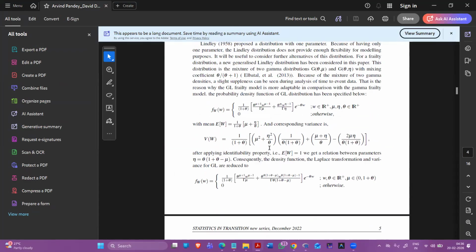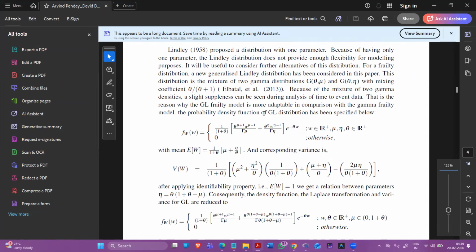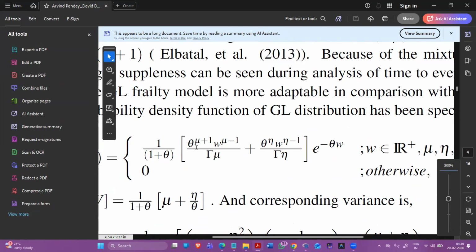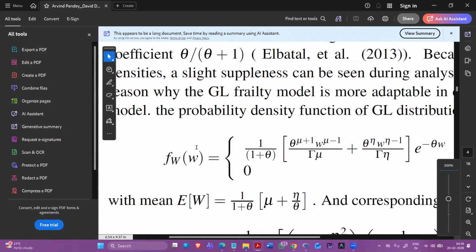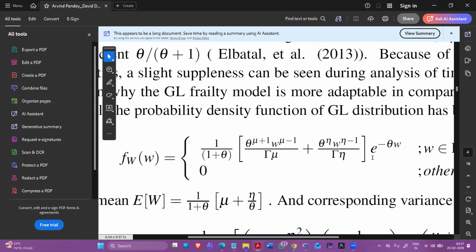Right, so this is the density function basically that we are considering here: 1 upon 1 plus theta into e raised to the power minus theta z, theta raised to the power mu plus 1, z raised to the power mu minus 1 divided by gamma mu plus theta raised to the power beta, z raised to the power beta minus 1 divided by gamma beta. This is eta basically, but I'm using beta here. So this is the density function that we are using.